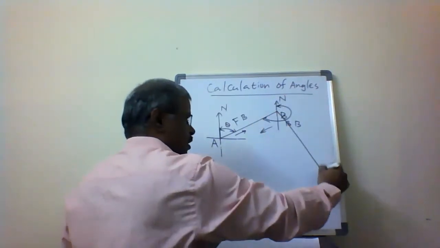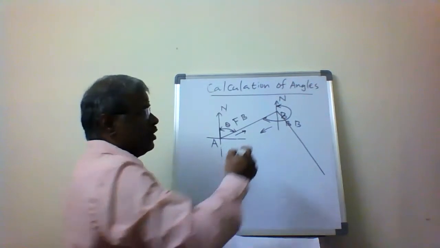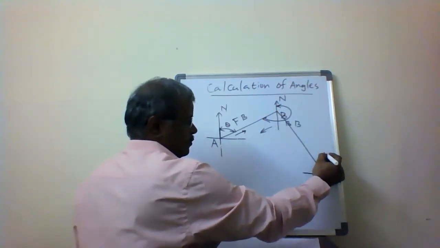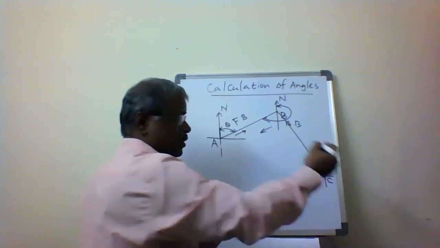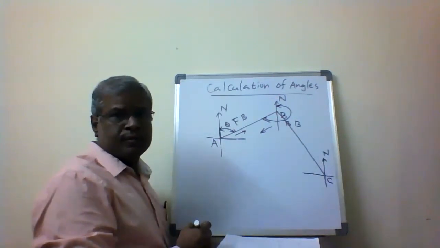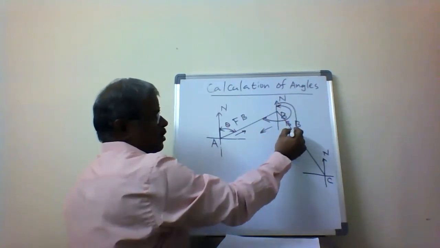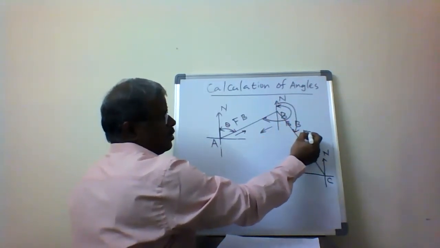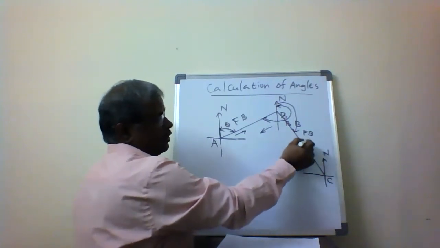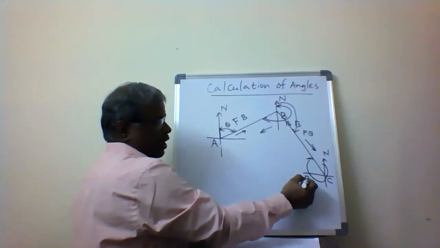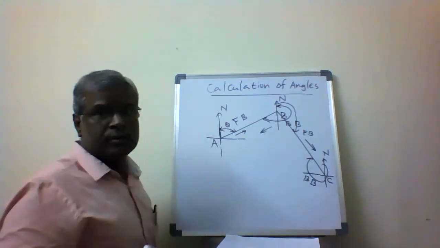Then another line goes from B to C, where C is the point. B to C has its forward bearing and its backward bearing.